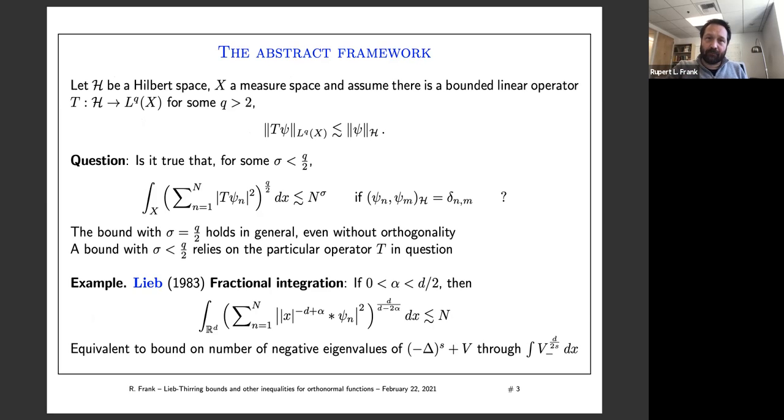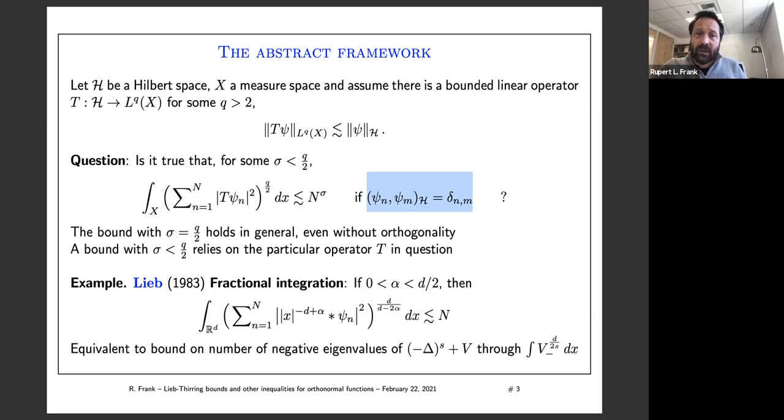So what we have is a Hilbert space, and functions psi in this Hilbert space, and then a certain operator T that acts on these functions. What we want is that the space it maps into is an L2 space. And well, this operator is bounded, so therefore we have such an inequality. But now we can ask the question: imagine we're given a whole bunch of such functions, which satisfy the same orthonormality conditions as before.